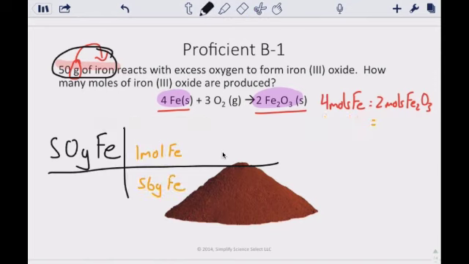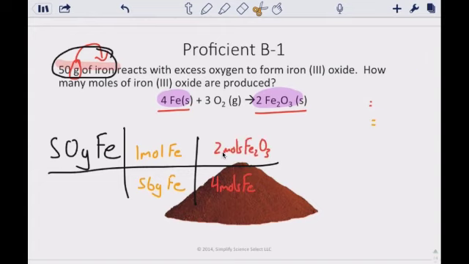Then we keep going. If we have more conversion factors, we keep going. So we look. Mole is right here. Got to put mole right there. The only thing that says mole of iron is that guy right there. Put the other half on top. And then we see that our units are going to cancel.